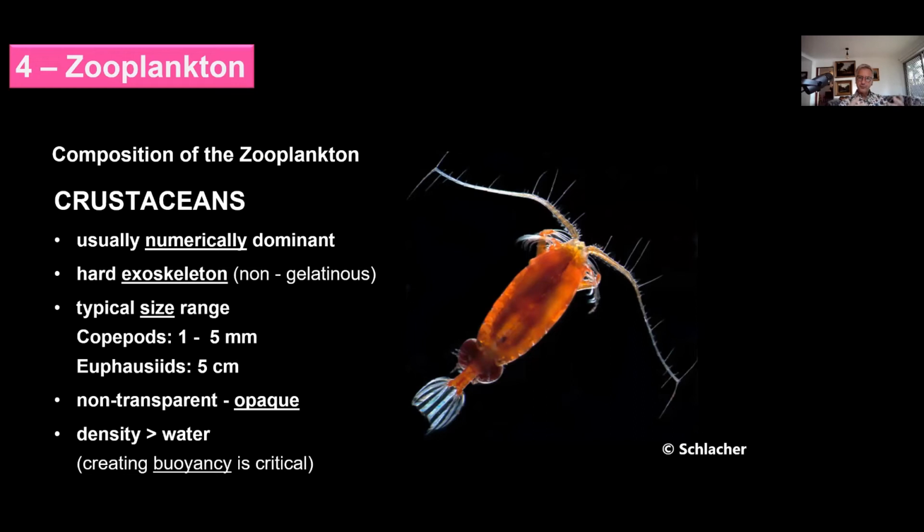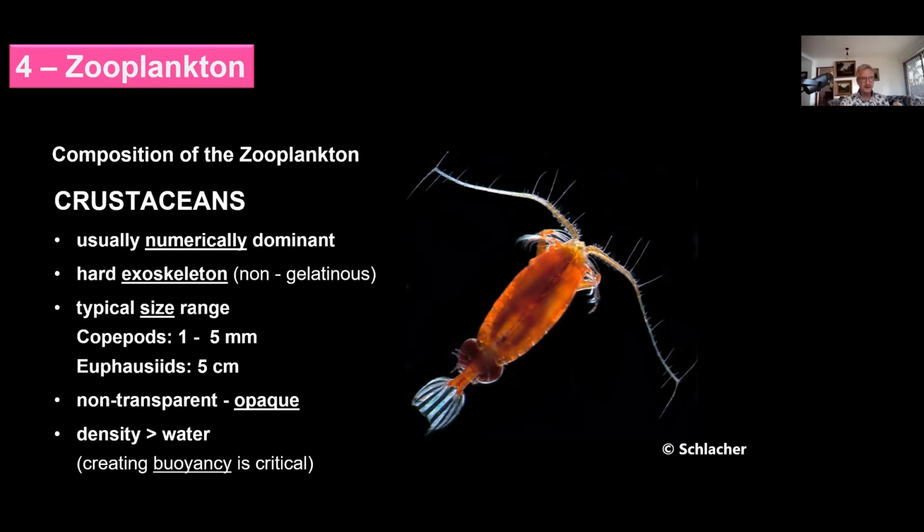Now, in the zooplankton, there's a big distinction often between what we call the crustacean plankton, like the hard-shelled plankton, and the softer, squiggly plankton. And this fellow here, it's a copepod, and it swims with its antennae like this.